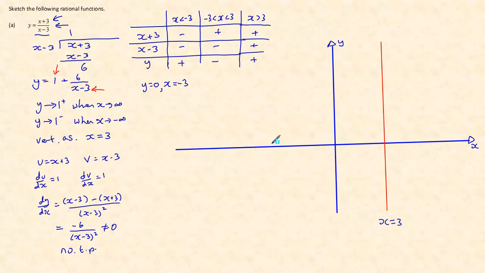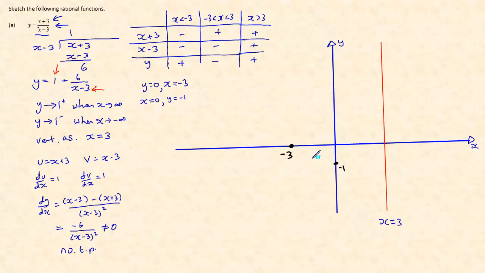We need to make the top equal to 0. So we can see that there's going to be an x-intercept at negative 3. What about x being equal to 0? When x is 0, y would be 3 divided by negative 3, so y would be equal to negative 1. So let's put negative 1 here. So that's a y-intercept just there.